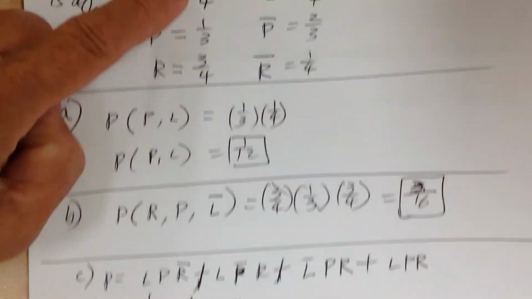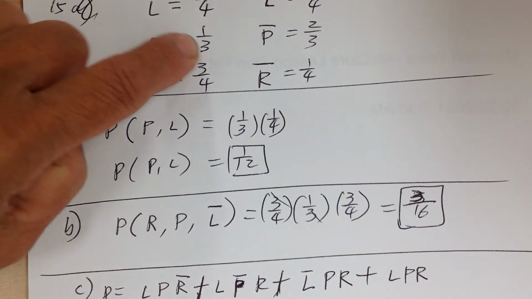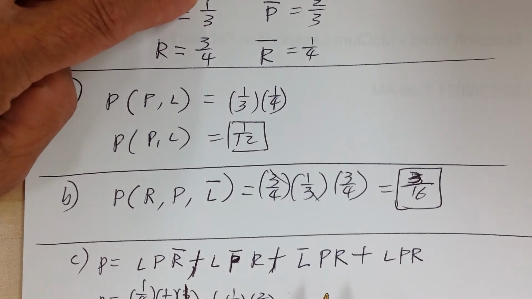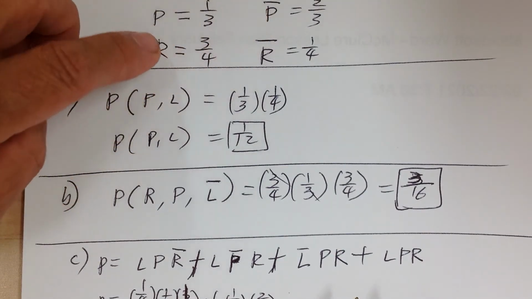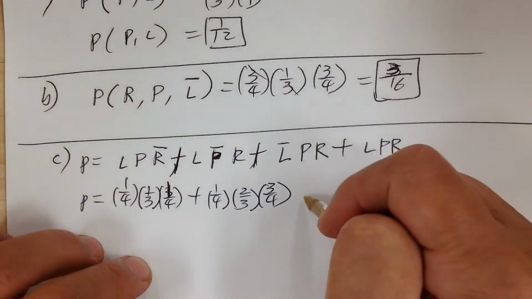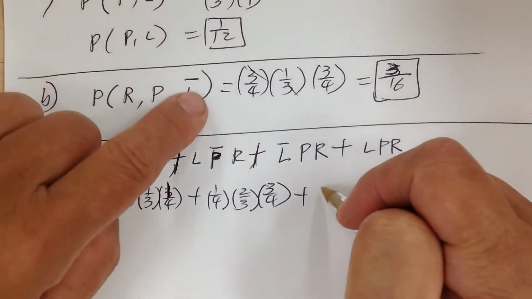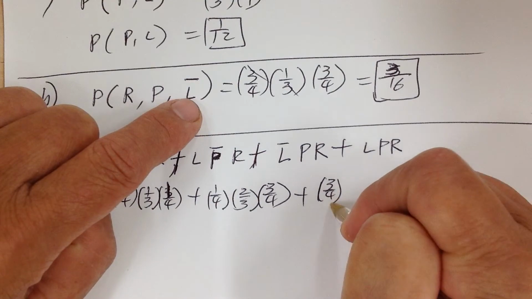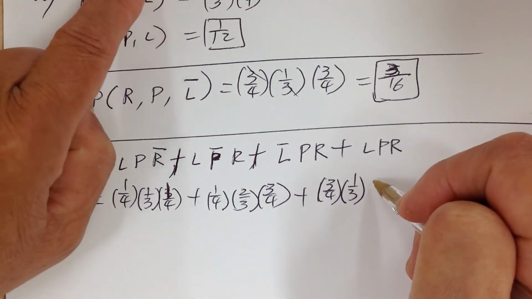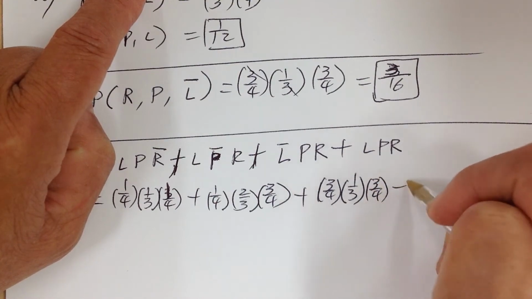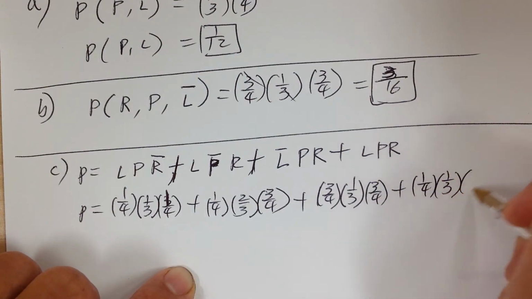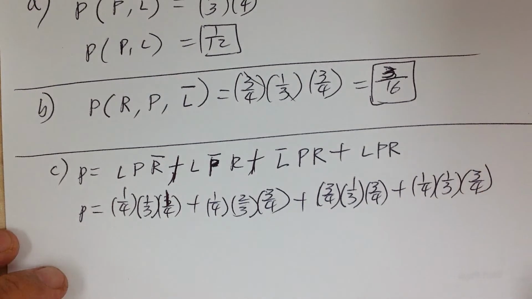Double check: you got 1/4, 1/3, 1/4. Then P complement is 2/3, and then 3/4. Then L complement is 3/4, P is 1/3, R is 3/4, and then all 3 people would be 1/4, 1/3, and 3/4.